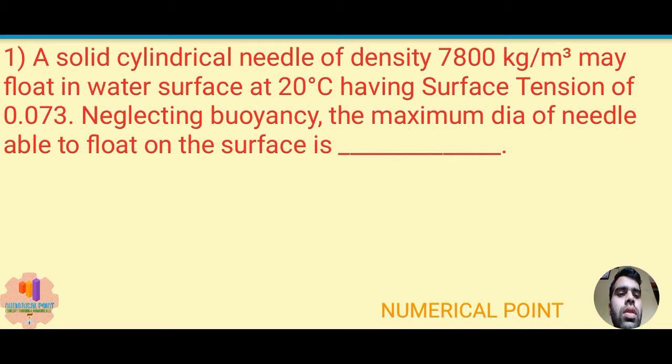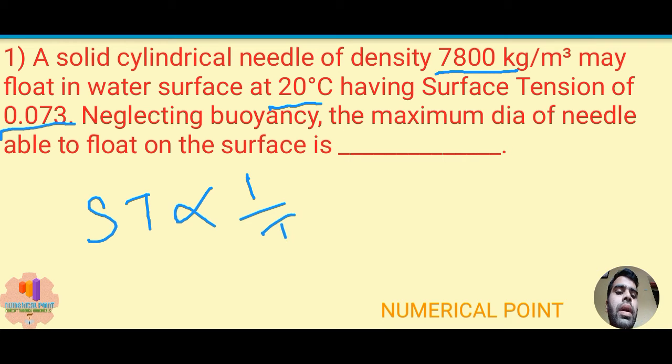So guys, the question has given the density, that is 7800 kg per meter cube, and the surface tension is given at 20 degrees Celsius, that is 0.073. So here I want to say one point, that surface tension depends on temperature. Okay, as temperature increases, the value of surface tension decreases.